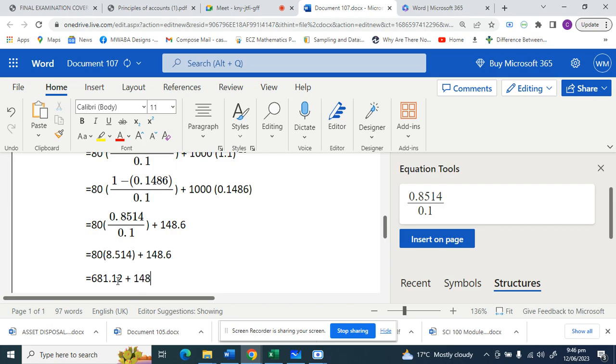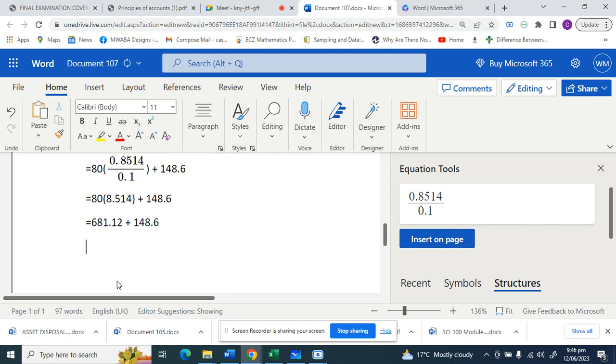Then when you add these two together, I'm getting 829.72.